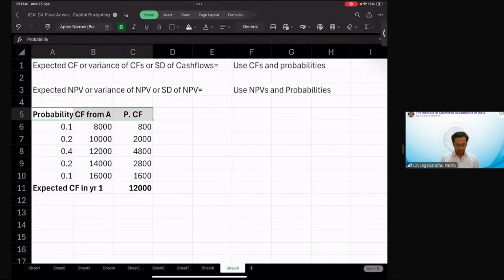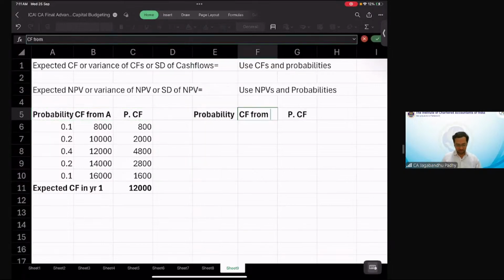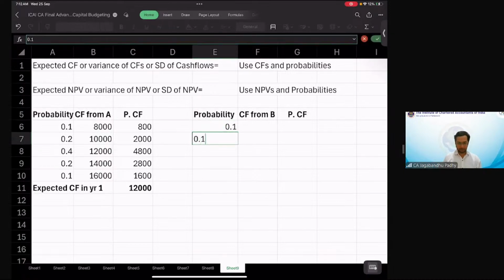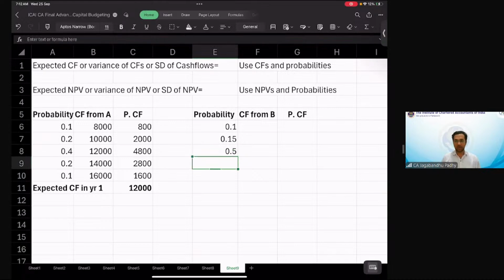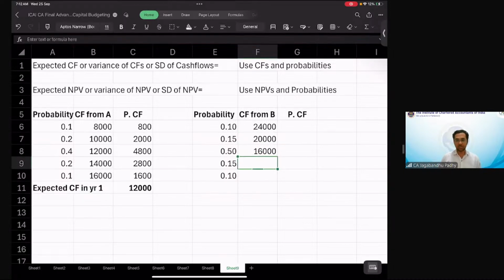Now let me look at the possible cash flows and the expected cash flow from project B. When it comes to project B, the probabilities are 0.1, 0.15, 0.5, 0.15, and then again 0.1. These are the projected probabilities for the cash flows. The cash flows range from 24,000, then 20,000, then 16,000, 12,000, and 8,000.